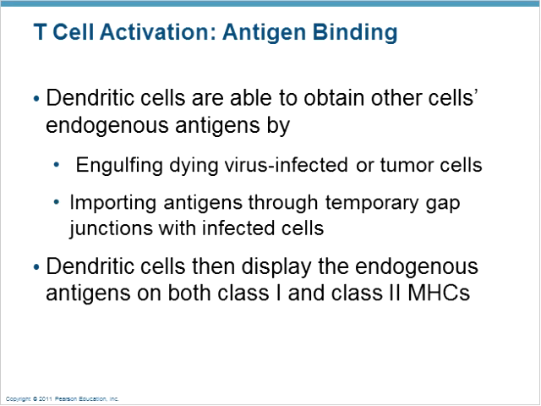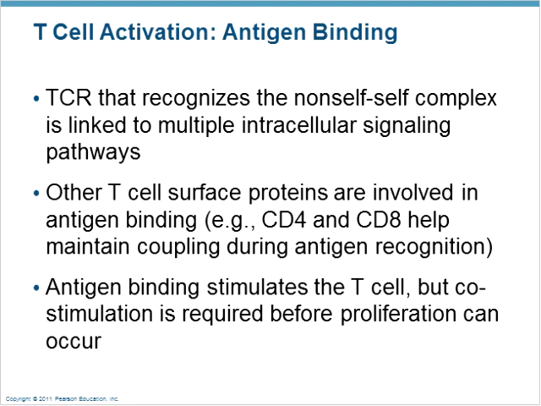The dendritic cells are able to obtain other cells' endogenous antigens by engulfing dying virus-infected or tumor cells, and importing antigens through temporary gap junctions with infected cells. And the dendritic cells then display these endogenous antigens on both class I and class II MHC proteins. The TCR then recognizes the non-self complex, linked to multiple intracellular signaling pathways.